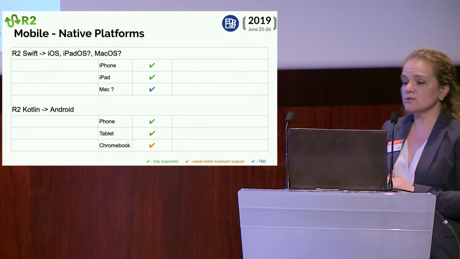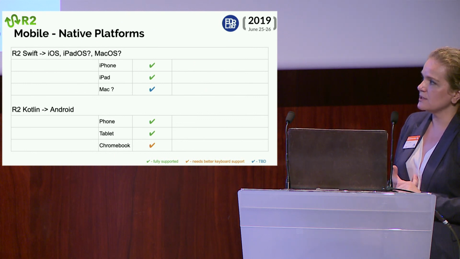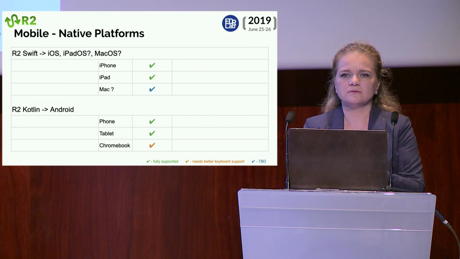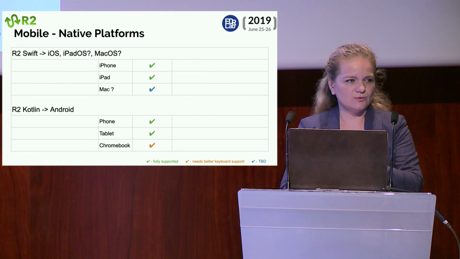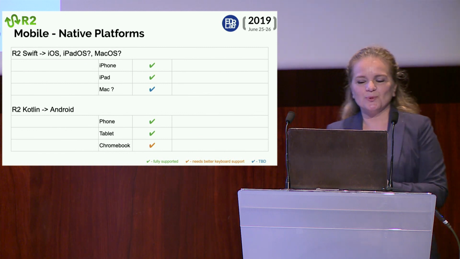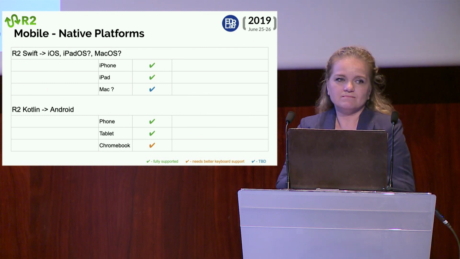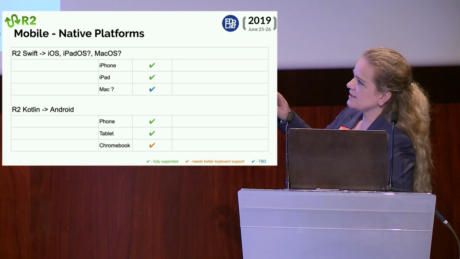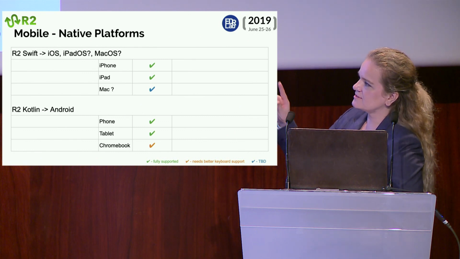But on Android, we're on phones, tablets, and also on Chromebooks. Does any one of you have a Chromebook? You should download the R2 Reader from the Play Store, because it works the same way as it works on an Android device. I made that a little different color than green.